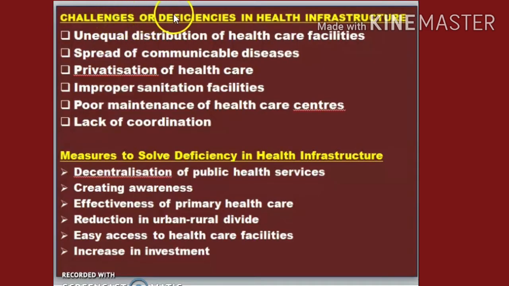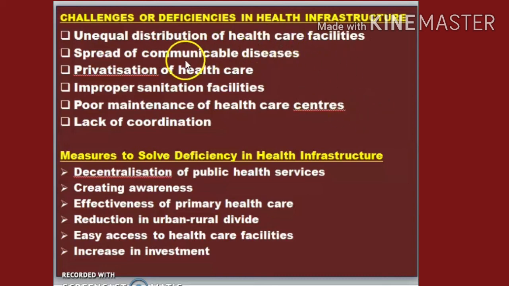Next is challenges or deficiency in health infrastructure. Unequal distribution of healthcare. Distribution of healthcare facilities is very inequitable across different parts of the country. 20% of total hospitals and 50% of total dispensaries are located in rural areas, despite the fact that 70% of India's population lives in rural areas.